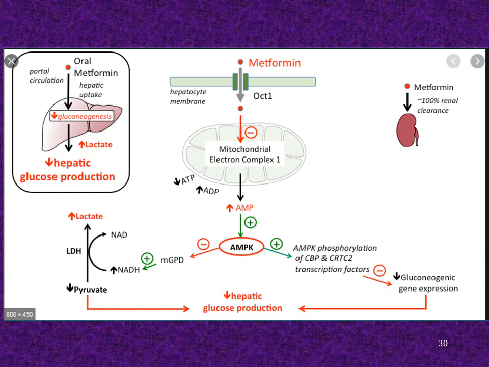In this picture, you can appreciate the detailed mechanism of action of metformin. It enters the hepatic cell through the OCT1 transporter, an organic cationic transporter, and enters the mitochondrial electron complex and stimulates AMP kinase, which in turn suppresses gluconeogenesis gene expression, and secondly, increases the level of lactate, leading to decreased hepatic glucose production.